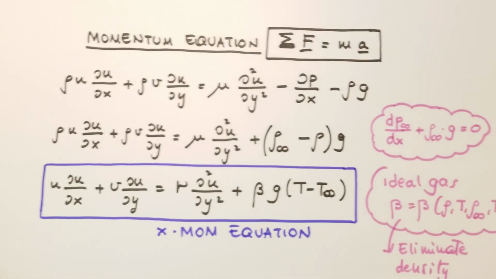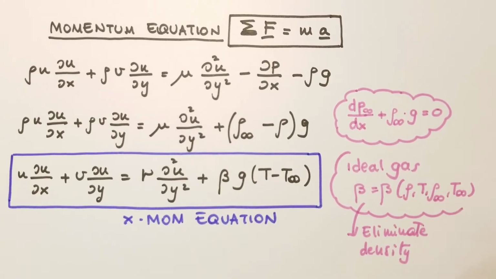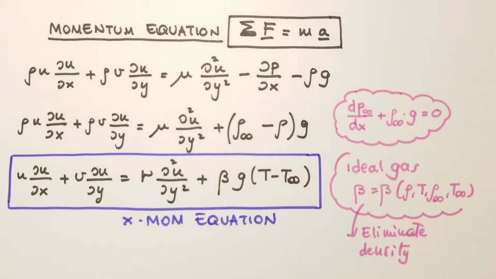So now we can take a look at the momentum equation under the boundary layer assumption. The momentum equation in the x direction is nothing but Newton's second law of motion, written in differential form.